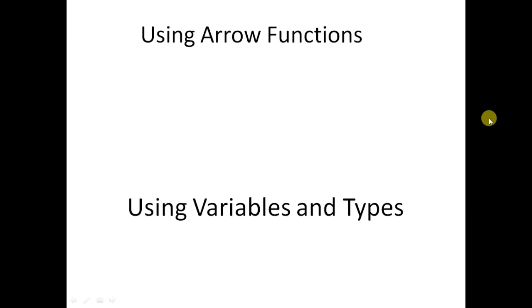Now, using arrow functions. Arrow functions, also known as fat arrow functions or lambda expressions, are an alternative way of defining functions and are often used to define functions that are used only as arguments to other functions. This function performs the same work as the ones in the listing.